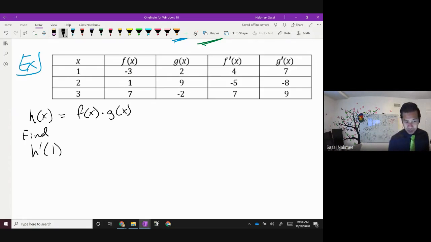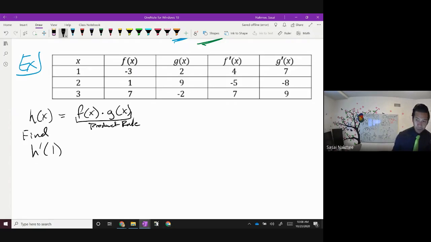Now, how does this work? They're asking us to find the derivative of h of x. What's the derivative of h of x? It's this derivative right here. They want us to take the derivative of f of x times g of x, which means I have to apply the product rule.